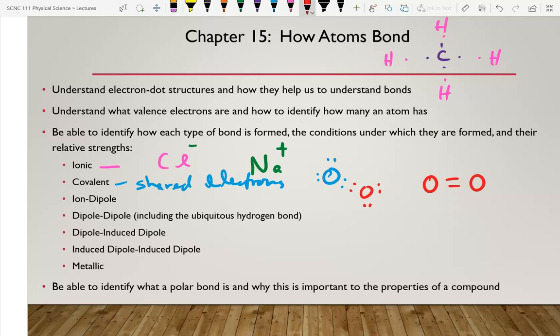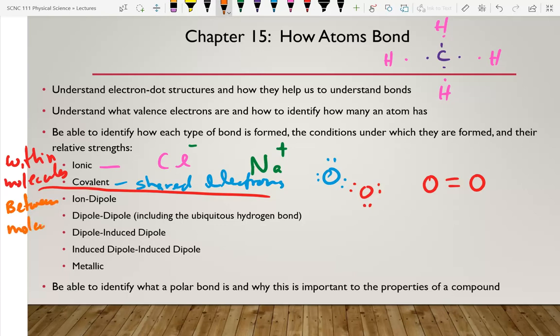The ion dipole force is not holding a molecule together. These up here are within molecules. The ones down below my line are between molecules.